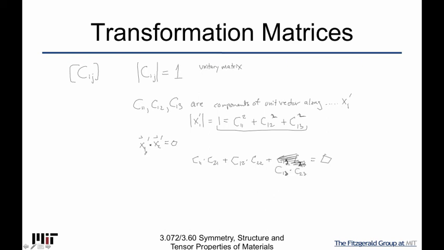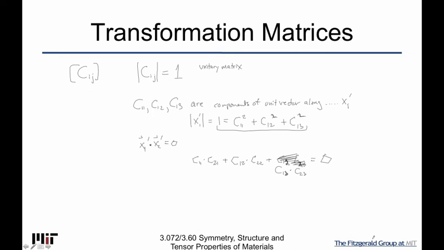Because x1 prime dot x2 prime in a Cartesian coordinate system, they're 90 degrees to each other, so it's going to be 0. C11, C12, C13 is from x1. Remember, when you dot two vectors, you dot their components. x2 is C21, C22, and C23. And so the sum of those products is going to equal 0. And that's true again for any two of the axes.